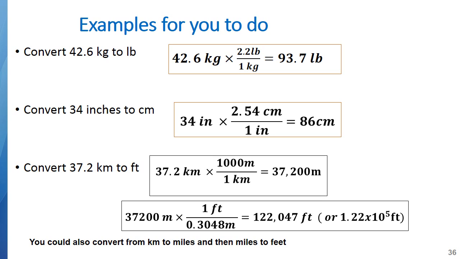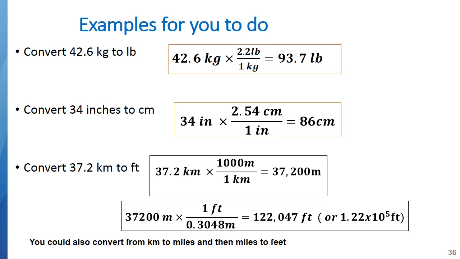The third one's a little more difficult because we won't find a conversion factor directly from kilometers to feet. We do know that there's a conversion from feet to meters. There's also a conversion from miles to feet or kilometers to miles. So there's a couple of different ways you can do it.